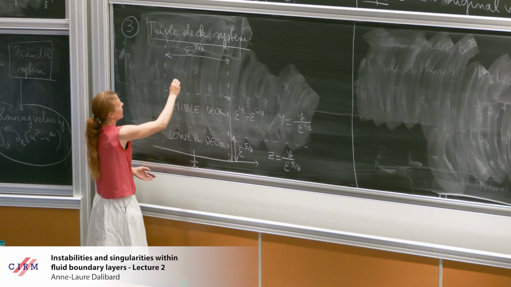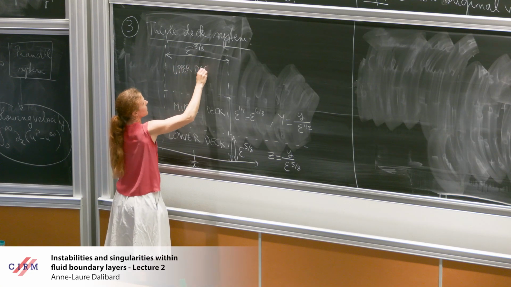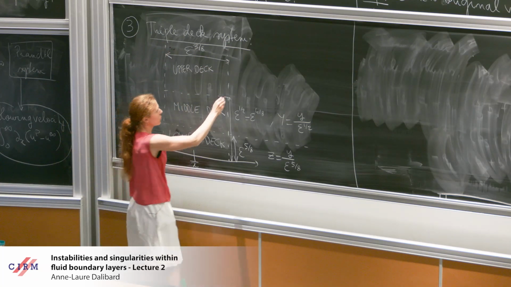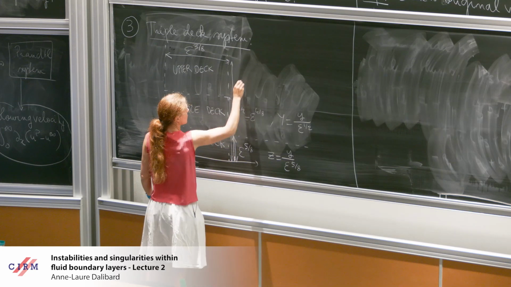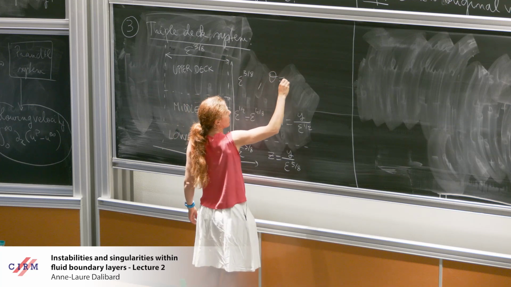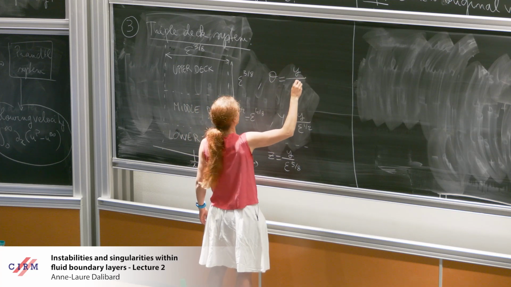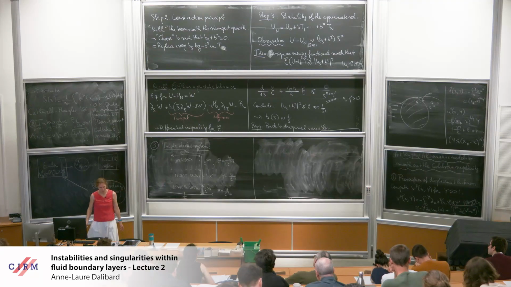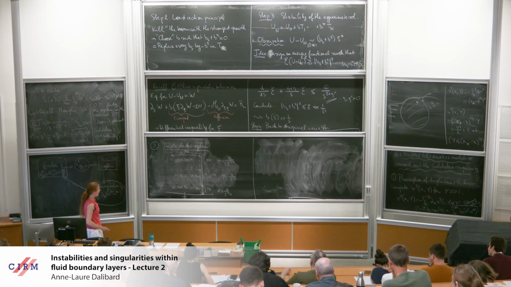And then you have an upper deck, which has the same scaling here as the tangential one, so it's epsilon to the 3/8. And here I will denote by theta, which I agree is not a wonderful notation, but I was running out of letters, and it was the same notation as in a paper that I was reading to prepare this lecture. So yeah, that's why I kept it.